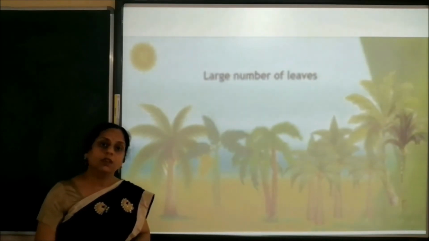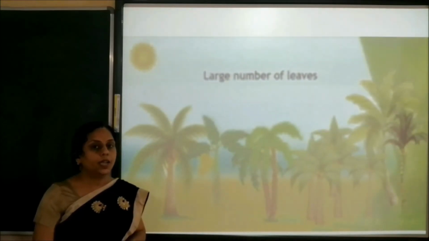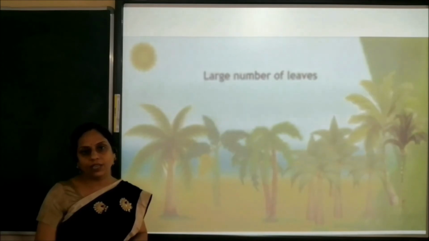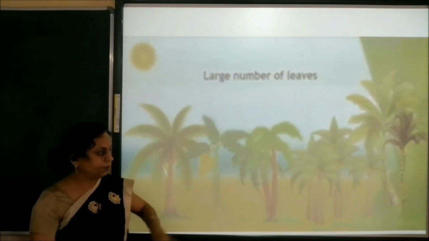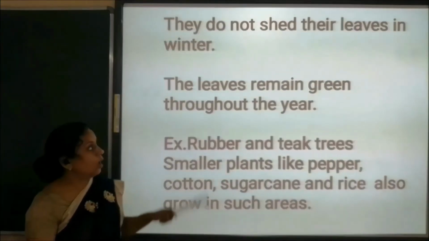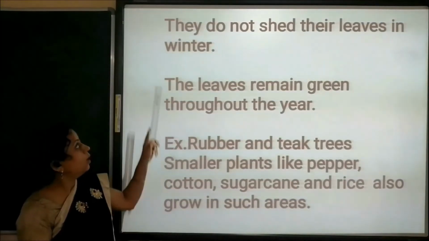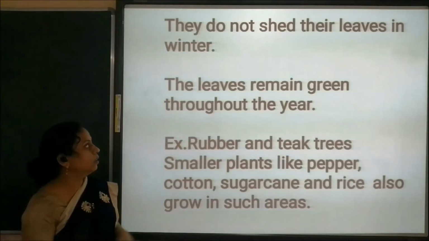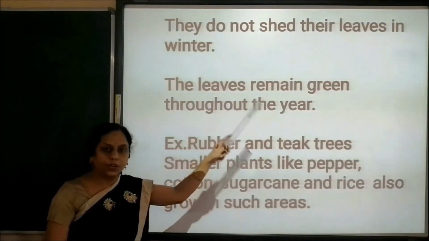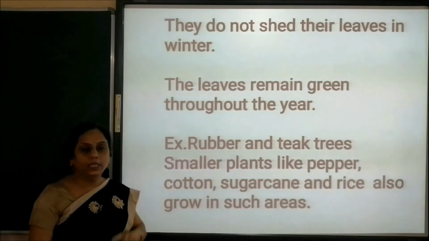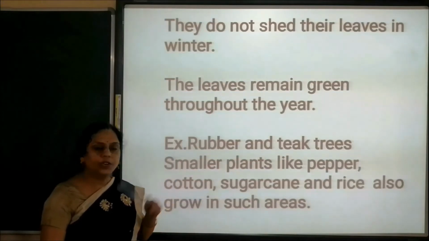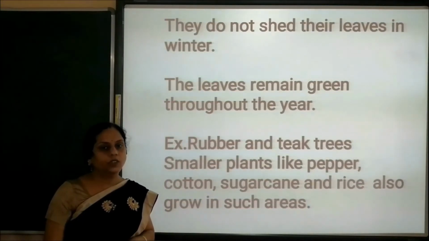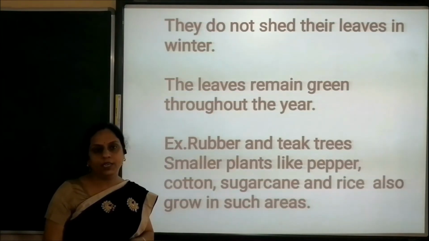So the trees which grow in the area of heavy rainfall are called evergreen trees. So again, what are the features? They do not shed their leaves in winter. The leaves remain green throughout the year. So as the trees are always green, that's why these trees are called evergreen trees.